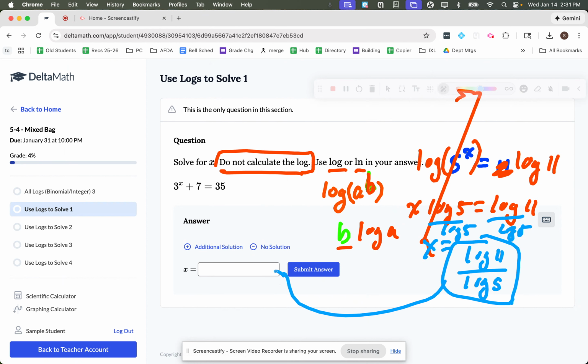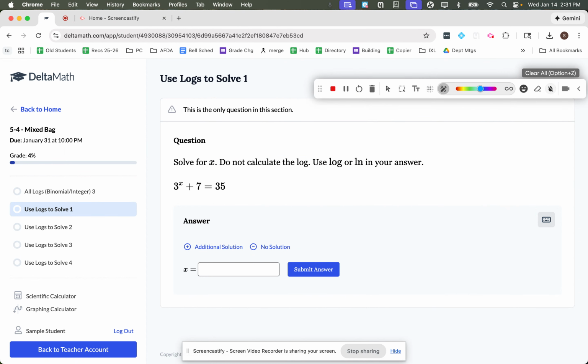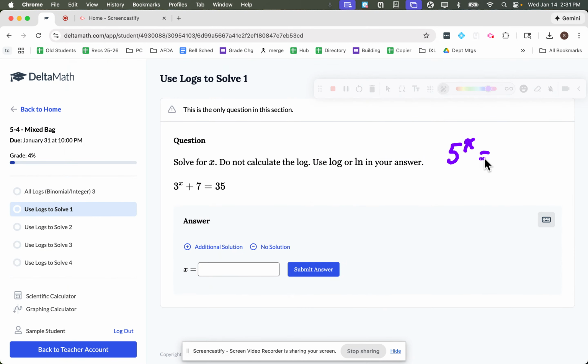Alternatively, I want to show you a slightly different approach. If you had the same thing, 5 to the x equals 11, and you're asked to solve for x, here's one thing you can do.